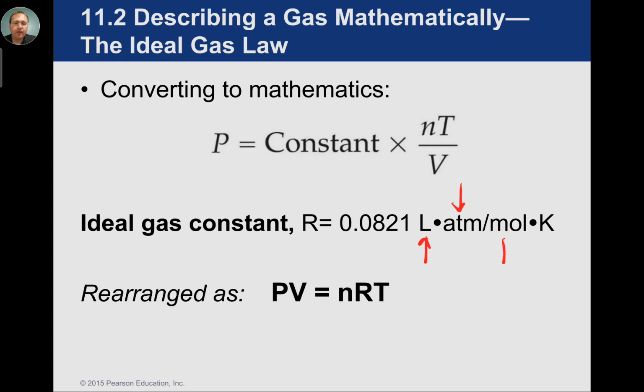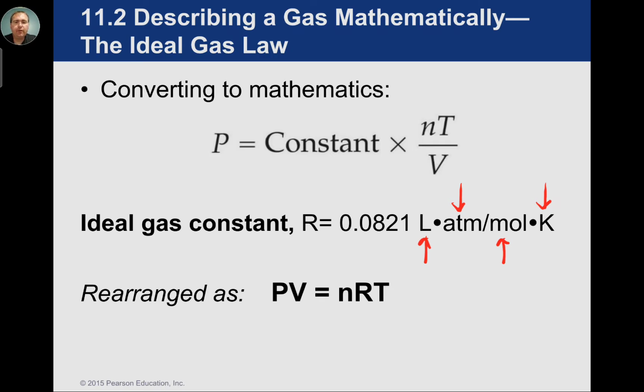If we have grams, we're going to have to calculate moles from the periodic table. If we have Celsius, we're going to have to calculate Kelvin. If we don't have every single measurement given in the problem in the units of R, we're wasting our time completely. We're going to get one of those easy wrong answers.